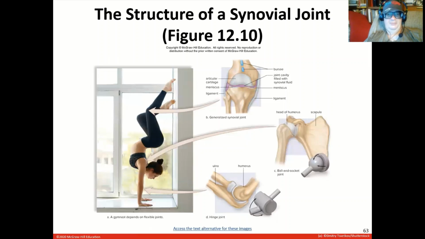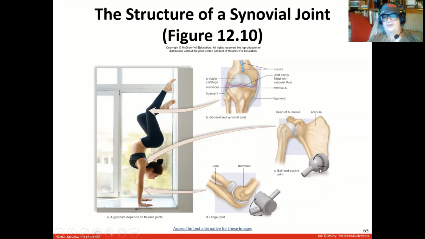Anyway, so here we have some synovial joints. We have the one in the elbow here, where we have the ulna and the olecranon process of the ulna. Here we have the humerus. So this whole thing where the bones articulate, the bones rub together, that's a hinge joint. And it is going to be enclosed in a joint capsule that's full of synovial fluid to lubricate it and make it move.